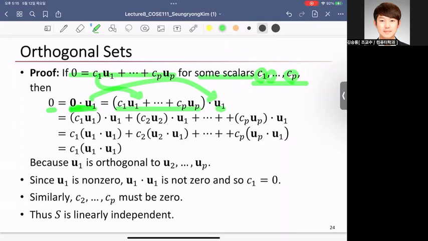Then by the properties of the inner product, we can derive a new equation: c1 times u1 inner product u1, c2 times u2 inner product u1, cp times up inner product u1.